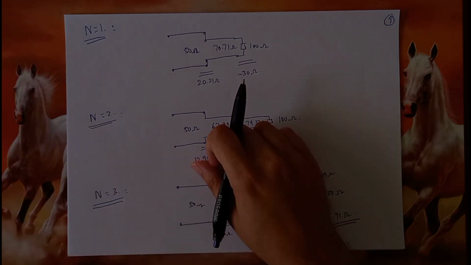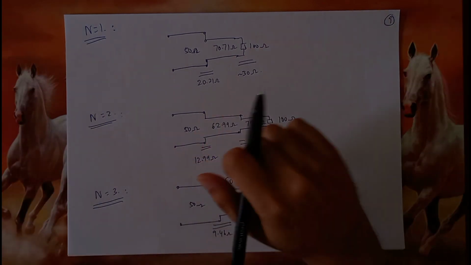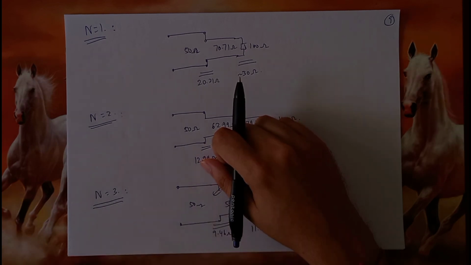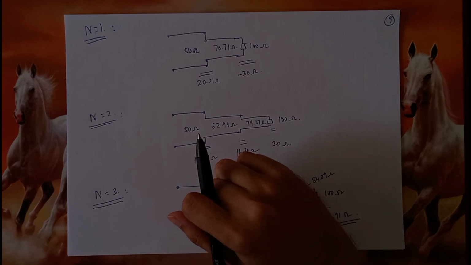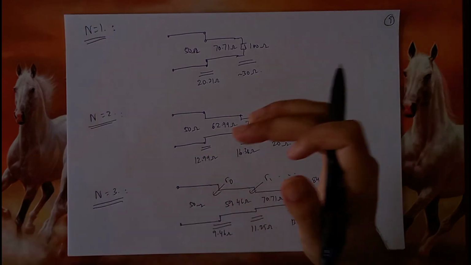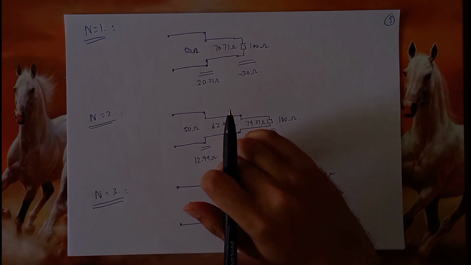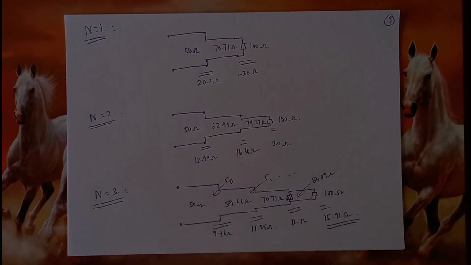As the load and line impedances become further and further apart, the maxima in mod gamma increases. And as the line and load impedances come closer and closer, the mod gamma maxima reduces. So this is the very idea behind trying to achieve a broader frequency range for the matching.